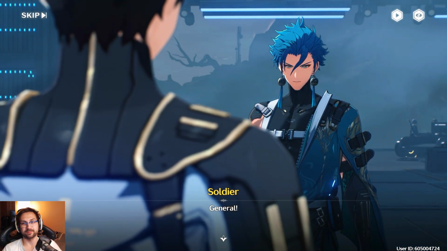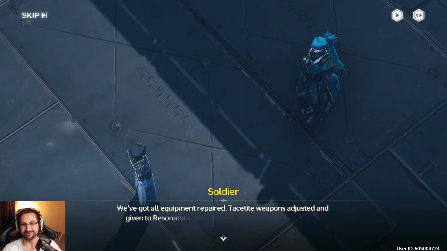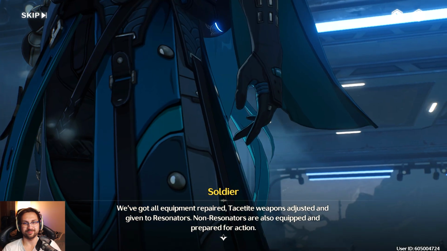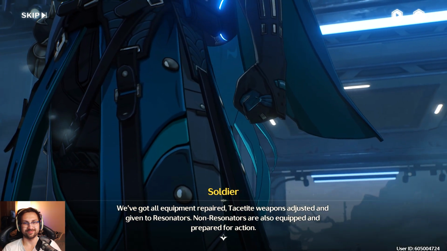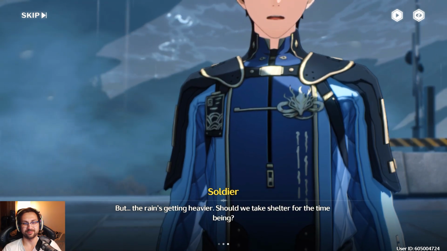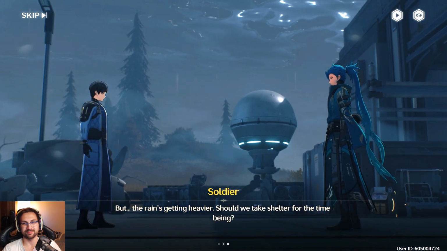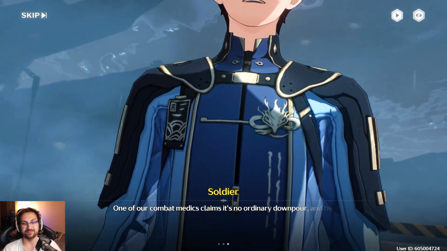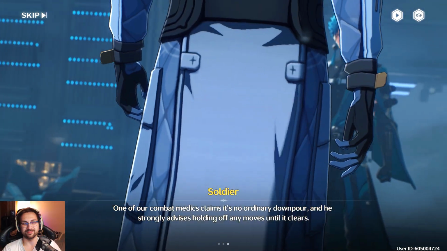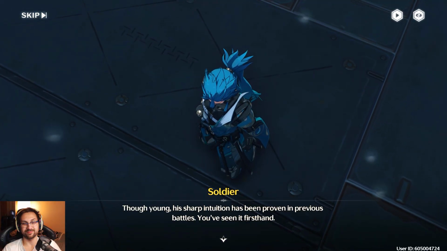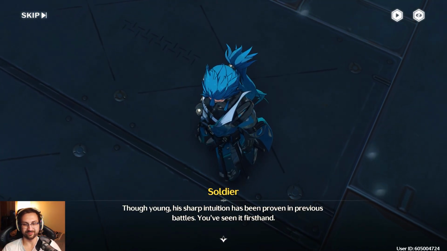General, we've got all equipment repaired, tactite weapons adjusted and given to the resonators. Non-resonators are also equipped and prepared for action. Doesn't sound right. But the rain's getting heavier. Should we take shelter for the time being? One of our combat medics claims it's no ordinary downpour, and he strongly advises holding off any moves until it clears. Though young, his sharp intuition has been proven in previous battles.